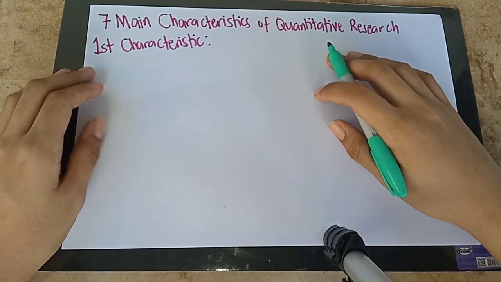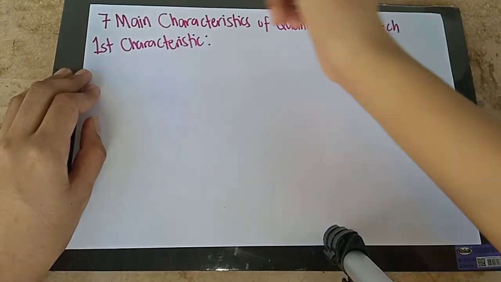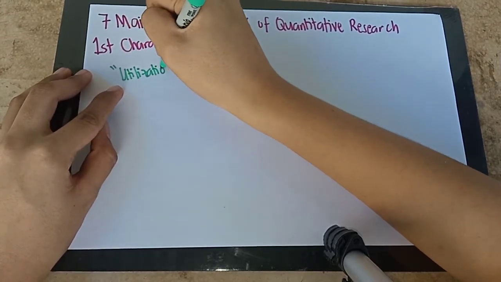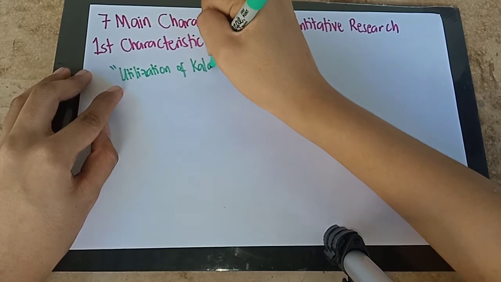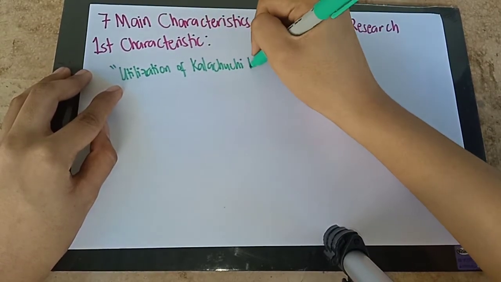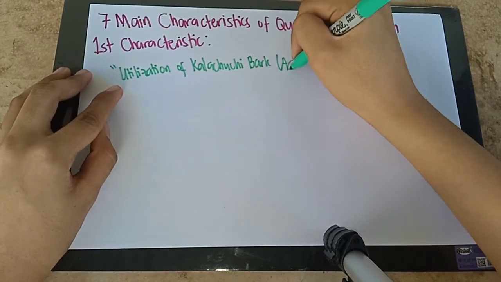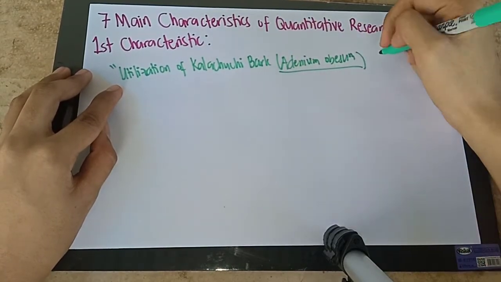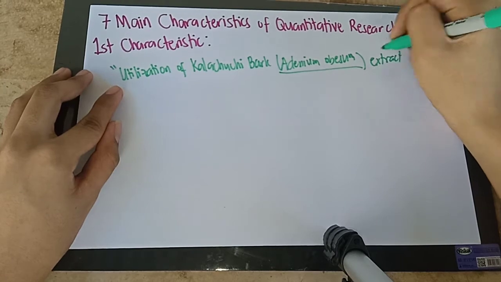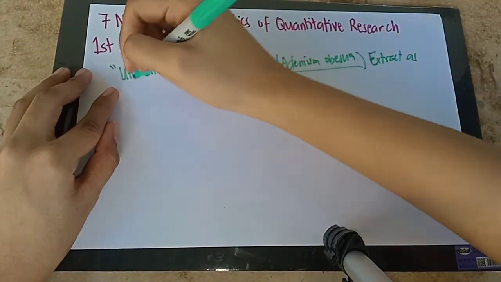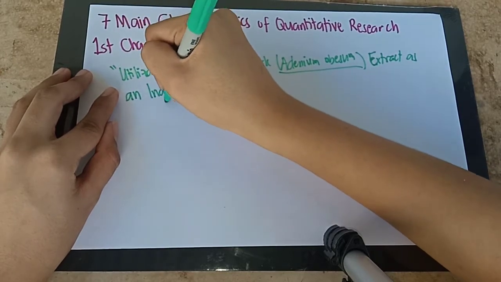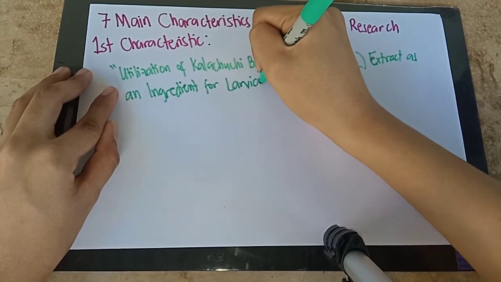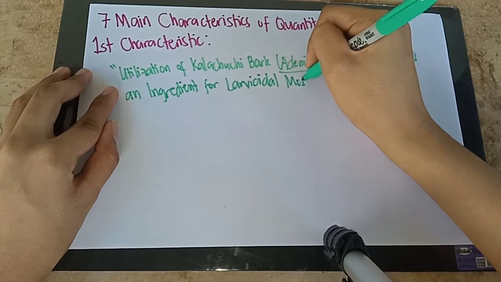Let's say a certain research has the title, "The Utilization of Calachuchi Bark Extract as an Ingredient for Larvicidal Mosquito Solutions."